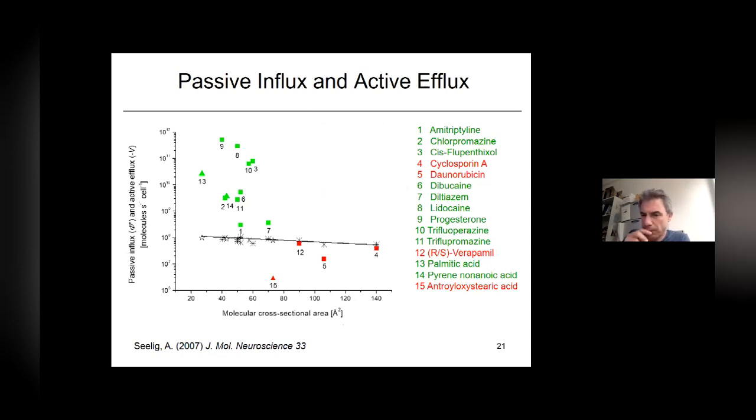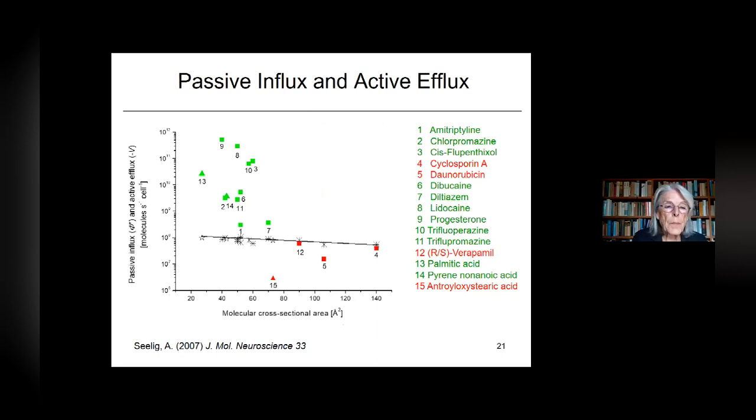Yes, if you see this slide here, on the y-axis is the calculated passive influx. These stars with the line are the transport activity. On the x-axis, I have the cross-sectional area of the molecules.